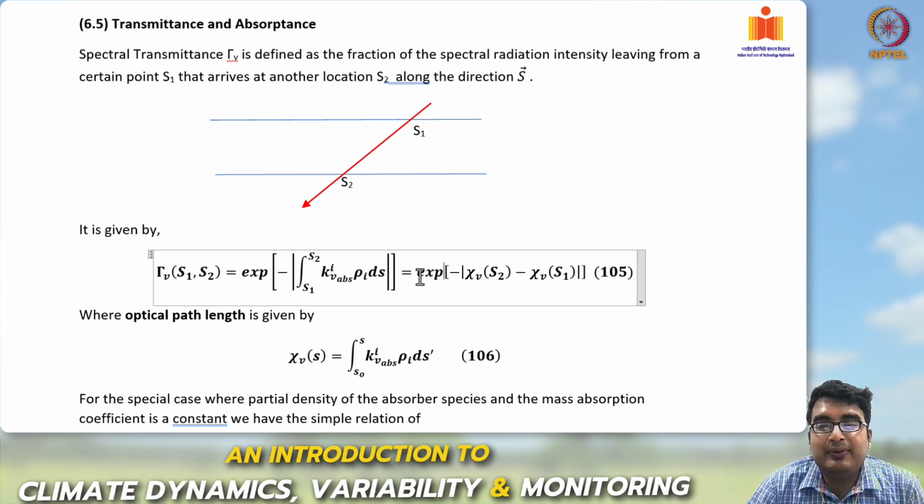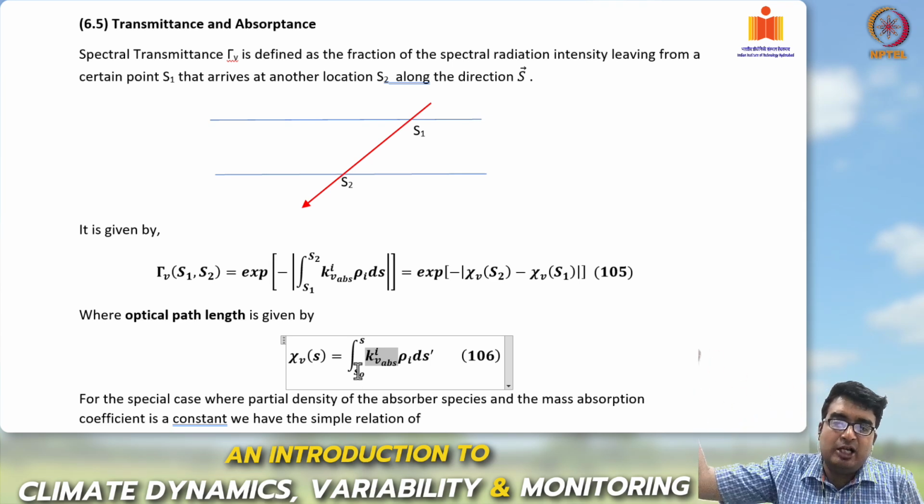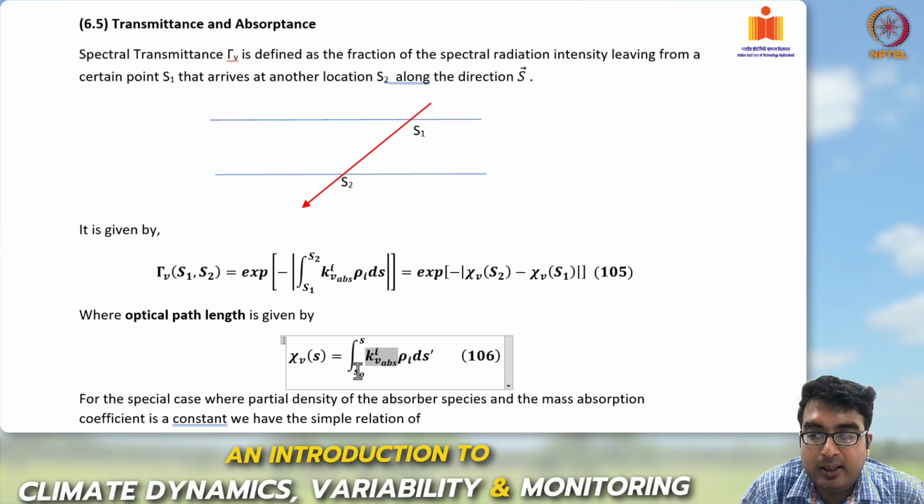This just becomes the exponential of minus the optical path length at S2 minus optical path length at S1, where optical path length chi nu is the integral of the mass absorption coefficient times rho I into ds from S0 to S, where S0 is a certain initial point from which the radiation is emerging.